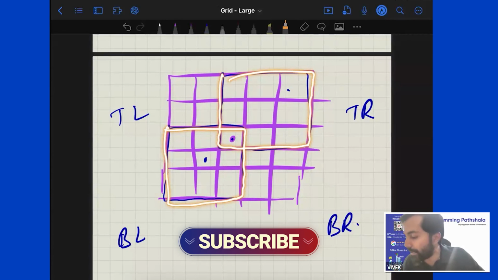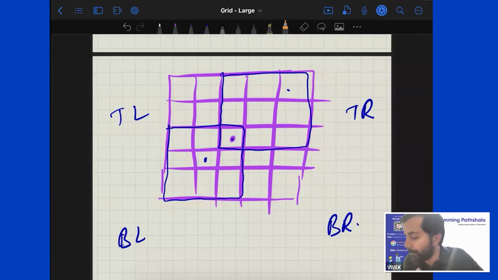What I'll reply to it is that it is not needed, because those would automatically be taken into consideration over here. Why? Because you just create that matrix whose top left is this and bottom right is this. That matrix would be this. Now, this matrix would automatically have gotten considered when we considered top left as this and bottom right as that.